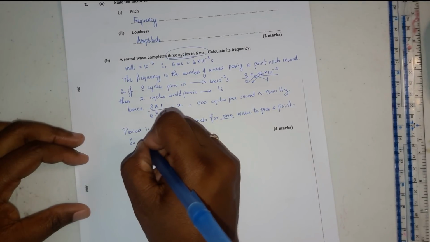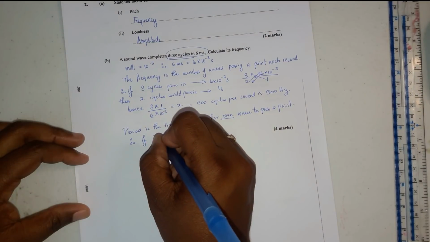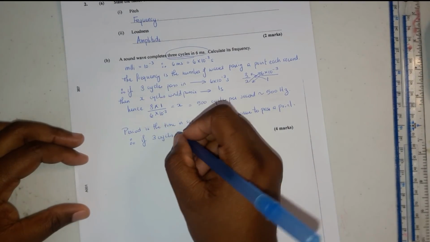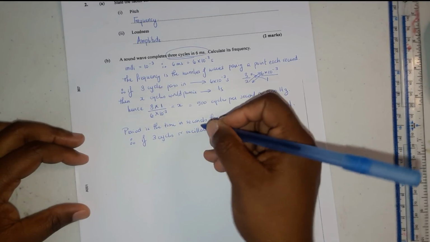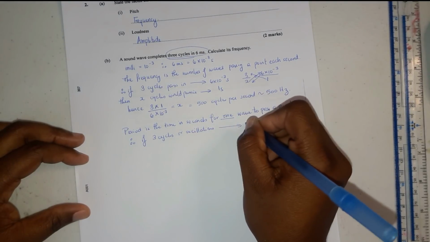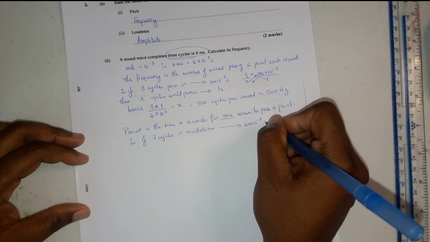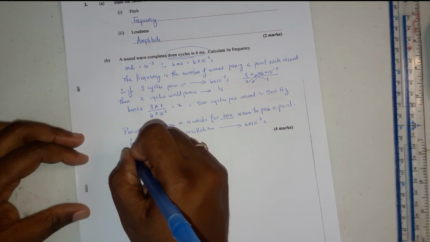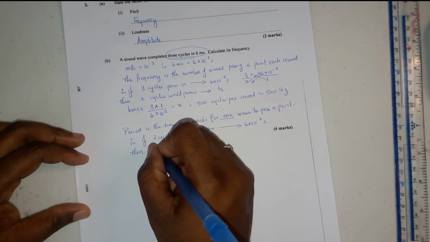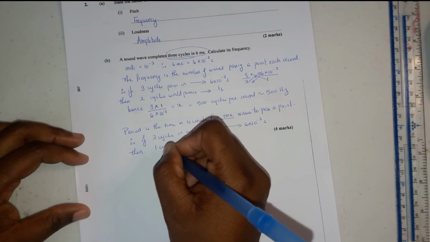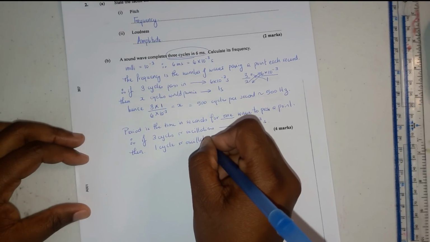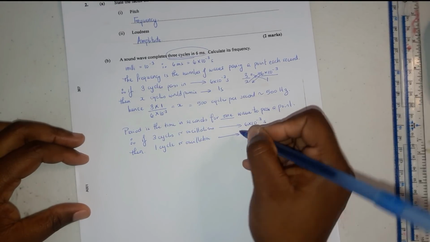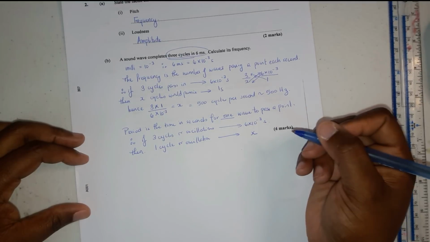So therefore, if 3 cycles or oscillations occur in 6 times 10 to the negative 3 seconds, then 1 cycle or oscillation would occur in x.